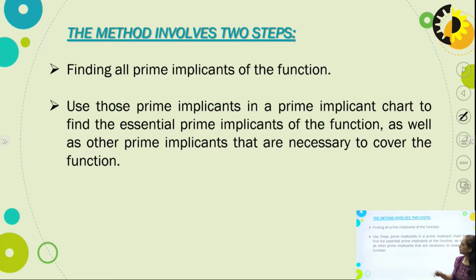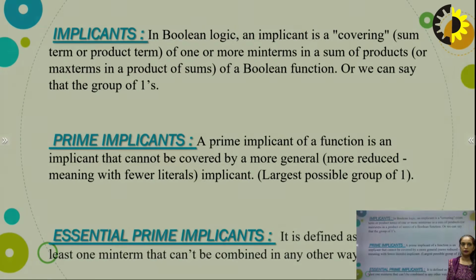The first step is to find the prime implicants of the function, and we use these prime implicants in a prime implicant chart to find the essential prime implicants, as well as the other prime implicants that are necessary, making sure that all the prime implicants are covered in this tabular method.